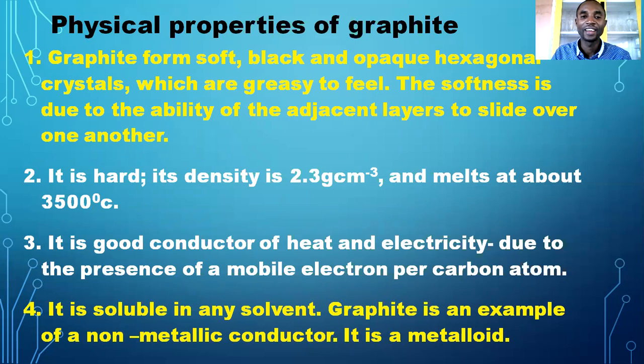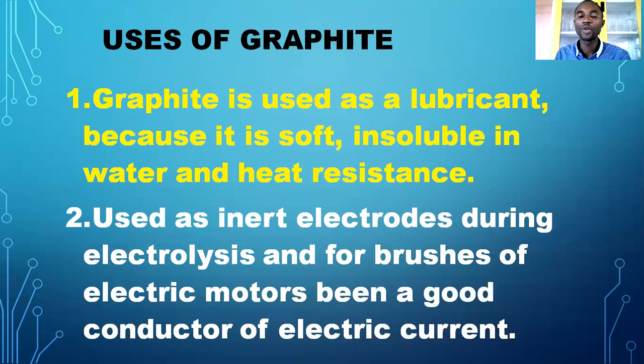That is it. And what can we use it for? Graphite is used as a lubricant because it is soft, insoluble in water and heat resistant. Number 2, it is used as inert electrodes during electrolysis and for brushes of electric motors, being a good conductor of electric current.